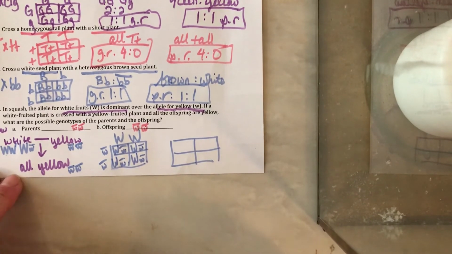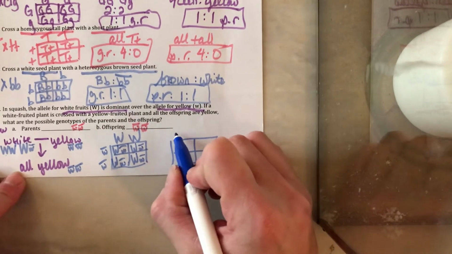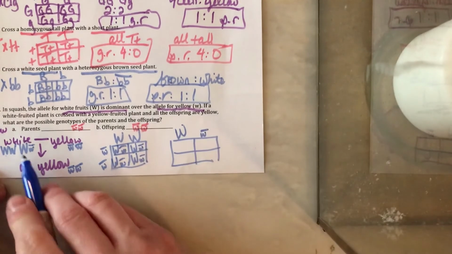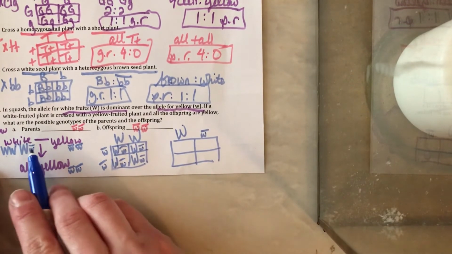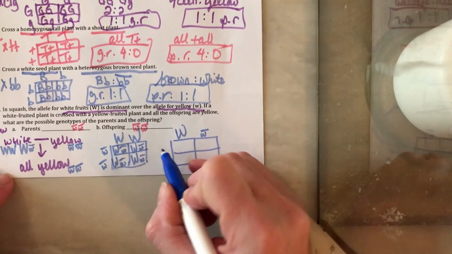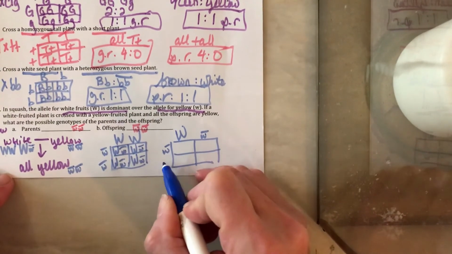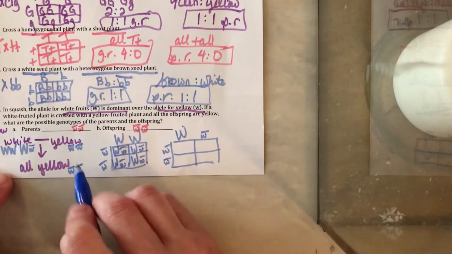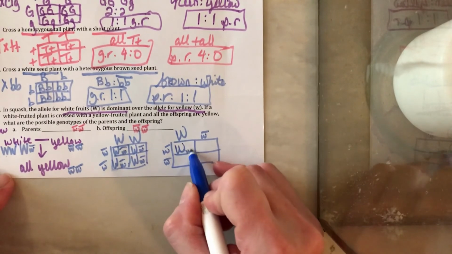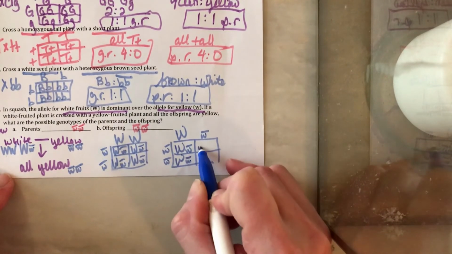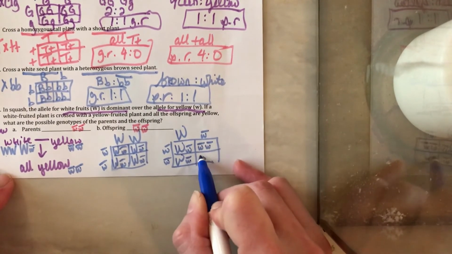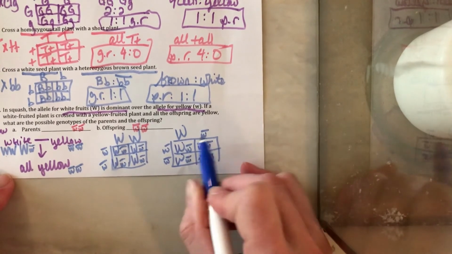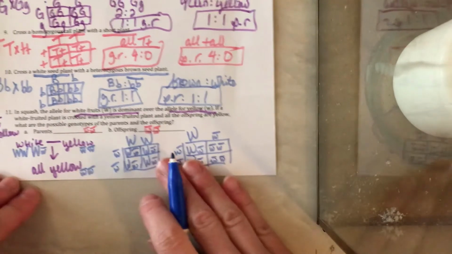And there's not, it's all white. If we have as a possibility the heterozygote with the other yellow parent, is there the possibility for yellow offspring? And the answer to that question is yes. There's the possibility of yellow offspring.